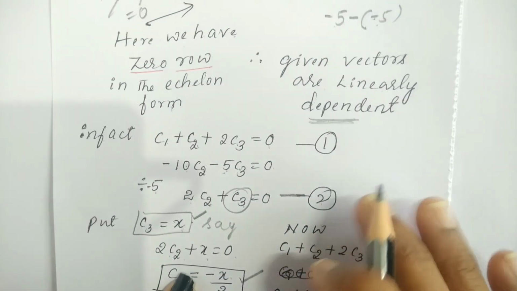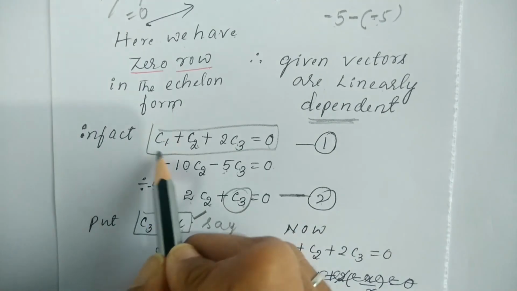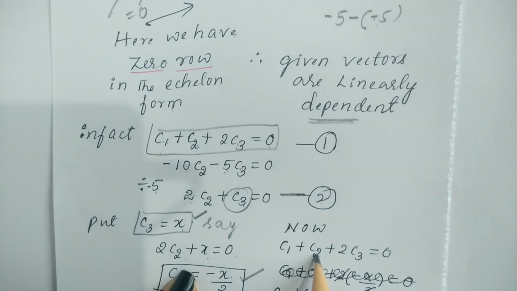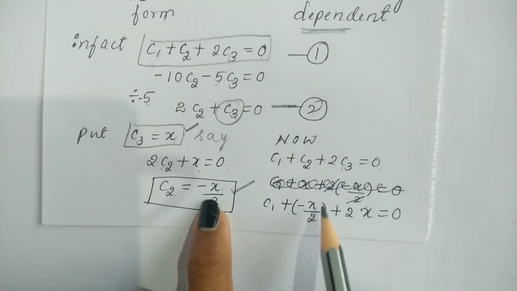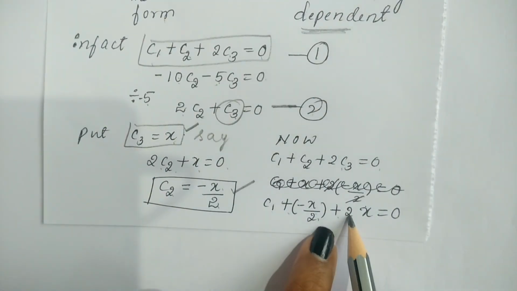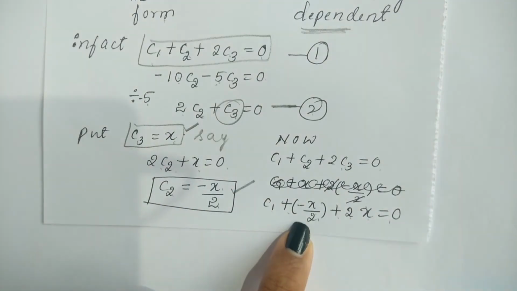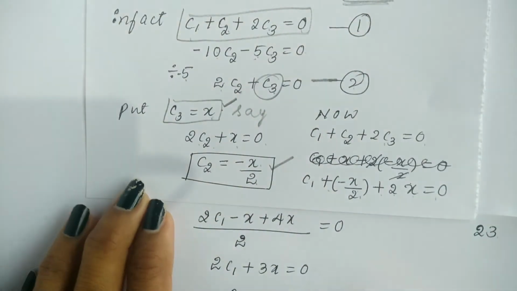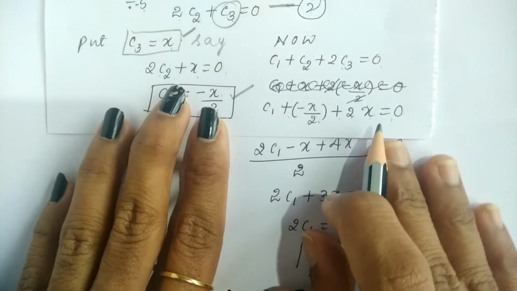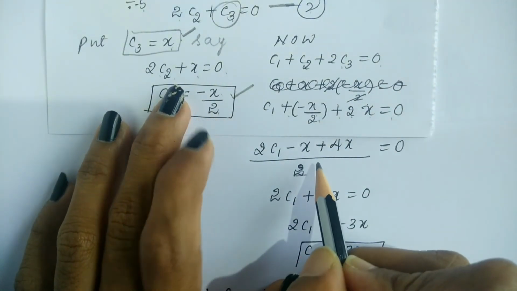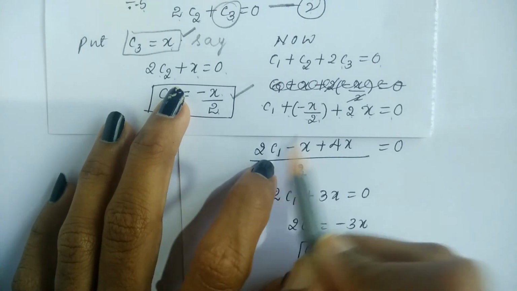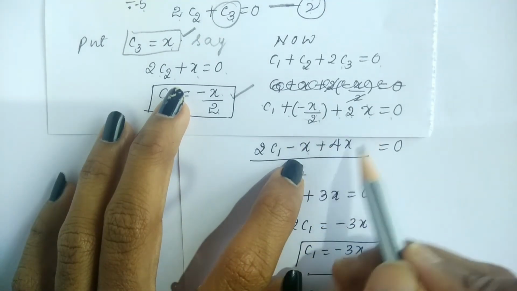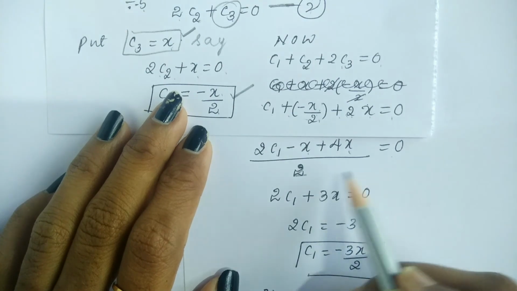Now what about C1? From equation 1, C1 plus C2 plus 2C3 equal to 0. So C1 plus C2, which is minus X by 2, plus 2 into C3, which is X, equal to 0. Taking 2 as the LCM, we get 2C1 minus X plus 4X, which is equal to 0.